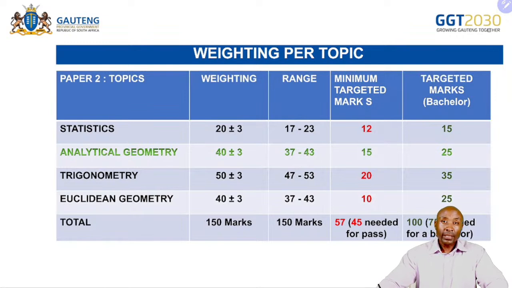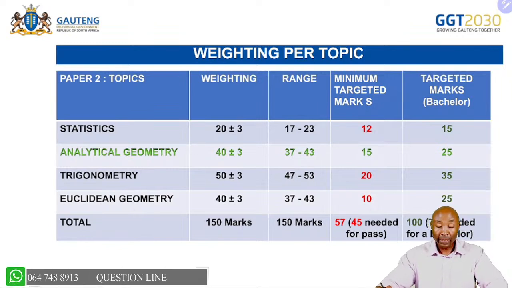For us to get a pass of about 45%, we need to get 15 marks in analytical geometry. So we have to get more than 15 marks. That's a minimum. And then for us to target a bachelor mark, we must get a minimum of 25 marks for analytical geometry in order for us to get a 60% there in mathematics paper 2.